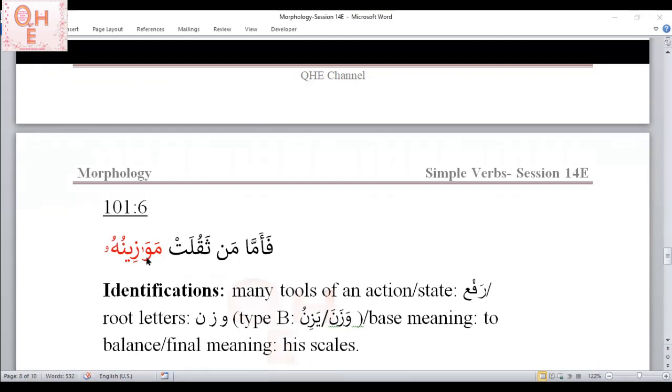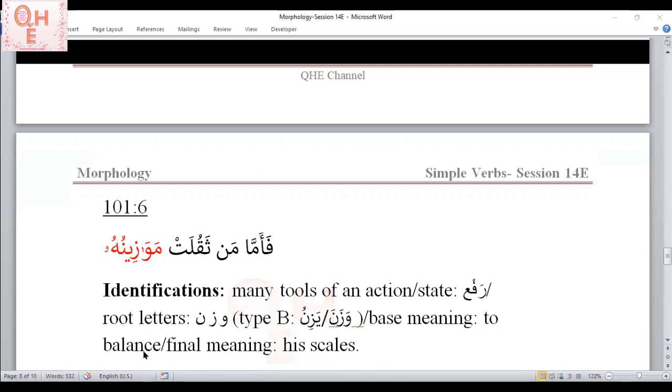Root letters: waw, za, noon. This is type B, one of the irregular words which we will learn in detail later. This is wazana yazinu, so the waw is omitted. This is a transformation happening here.